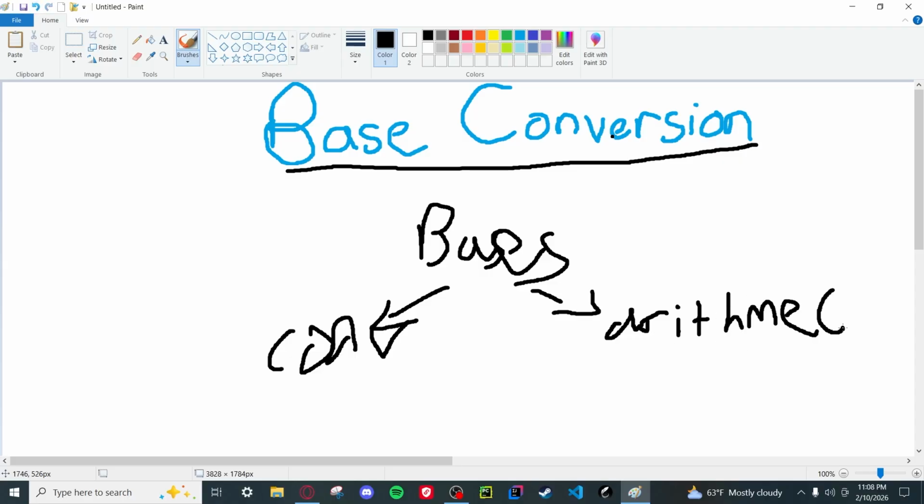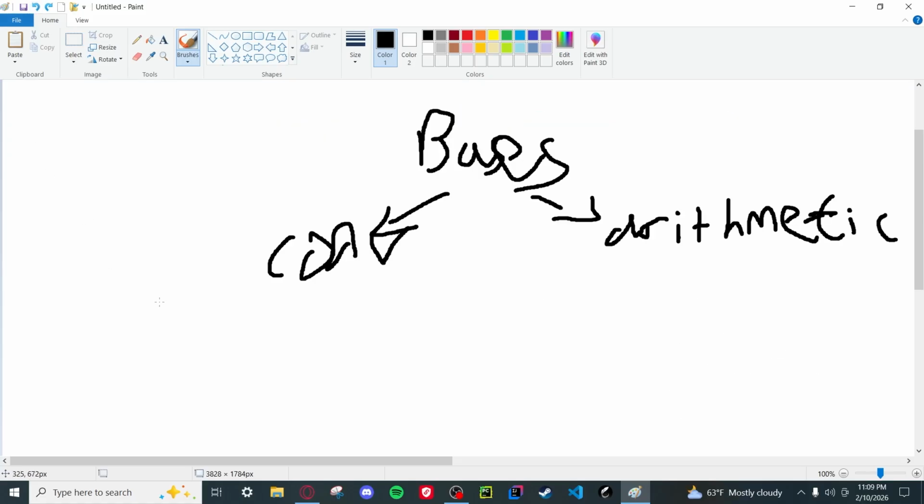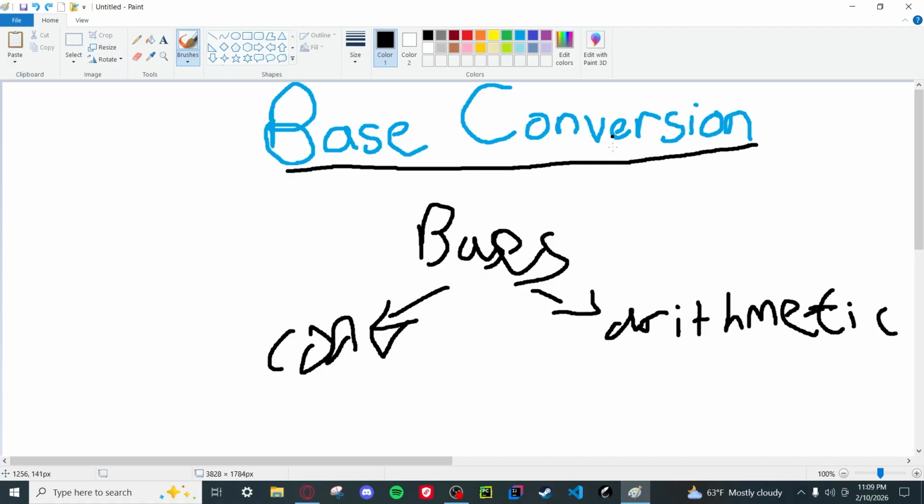I mean, it's 99% conversion, but you have to know how to subtract or add and divide and stuff when in binary and stuff like that. You should have to know that for the test. That's what we're going to cover in arithmetic. And then this is conversion. So it's going to be split into 2 sections.